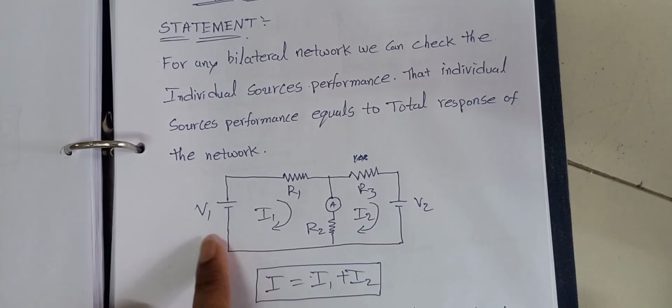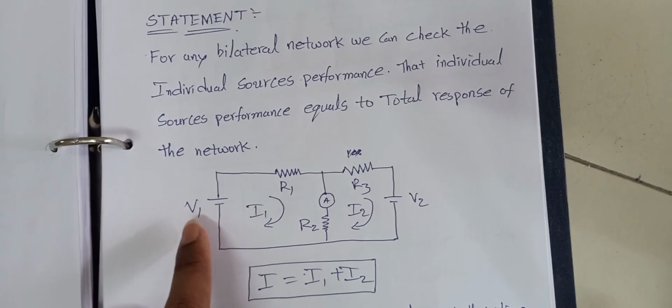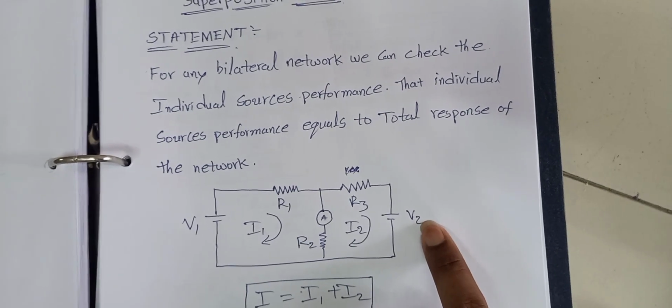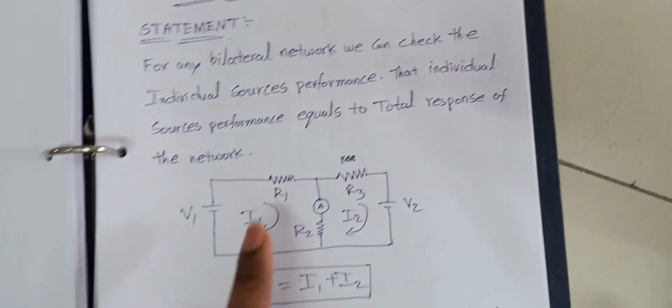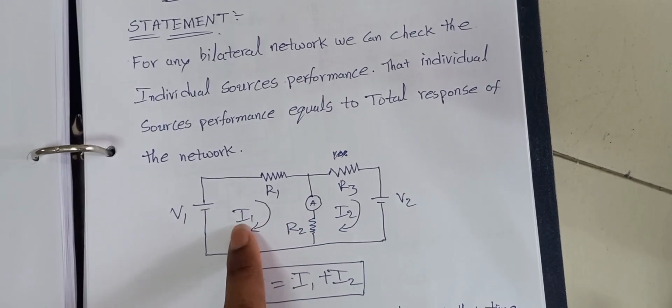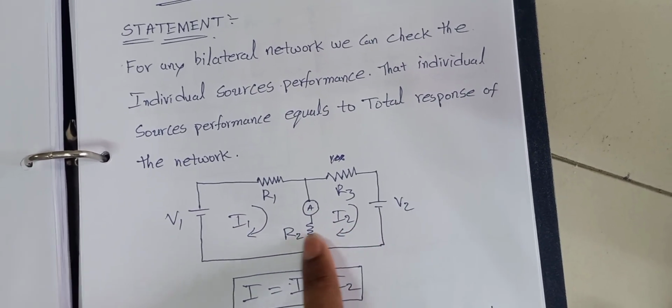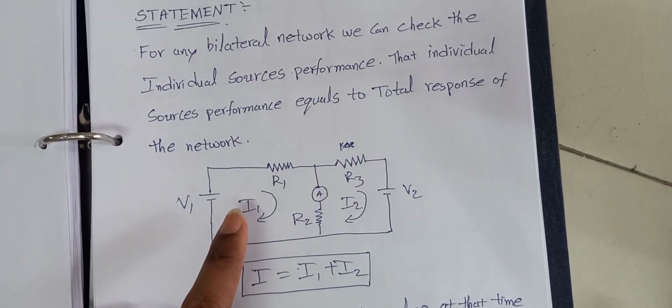According to this statement we are taking two voltage sources, V1 voltage source and V2 voltage source. In this loop we are taking I1 current, in this loop we are taking I2 current, and all the resistances remain the same. We calculate individually.